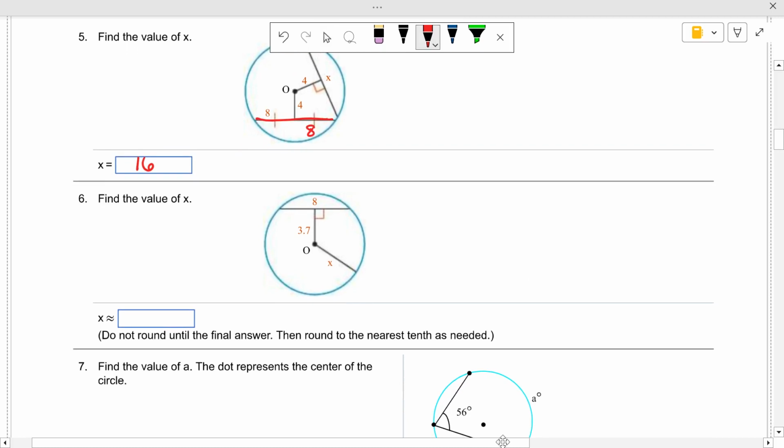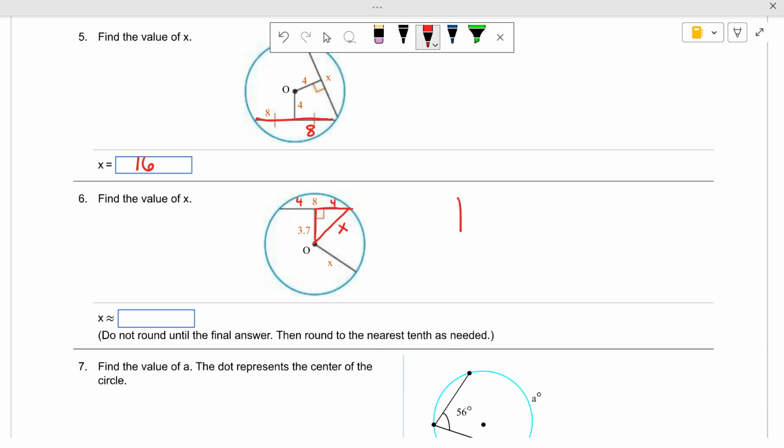So here's the radius. It's not connected right now, but what we can do is just connect it, and then it becomes the radius. Now this 8 is for this whole line here, so each half of it is 4 and 4. So now this right triangle right here is 3.7 on this side, 4 on this side, and x on this side. So x squared equals 3.7 squared plus 4 squared.